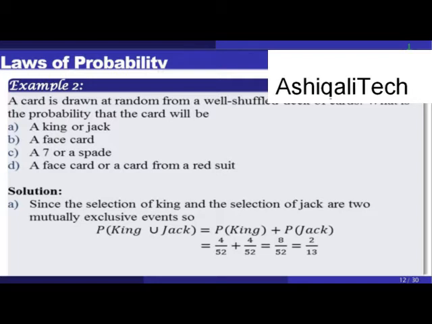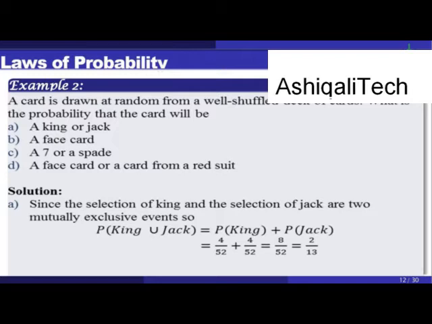In the first part, since the selection of king and the selection of jack are two mutually exclusive events, so probability of king union jack is equal to probability of king plus probability of jack. Now probability of king, as you know, there are 4 kings, so we have 4 over 52.